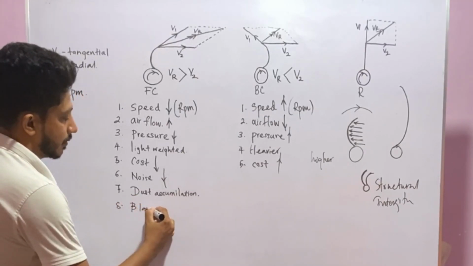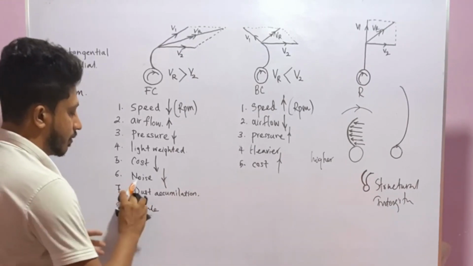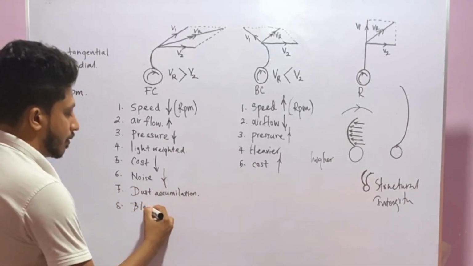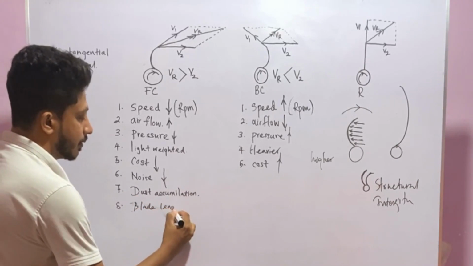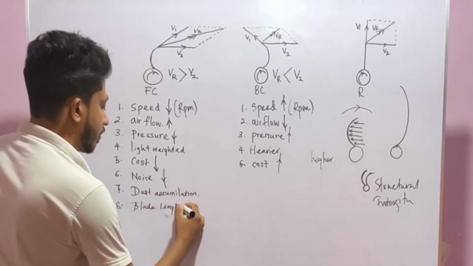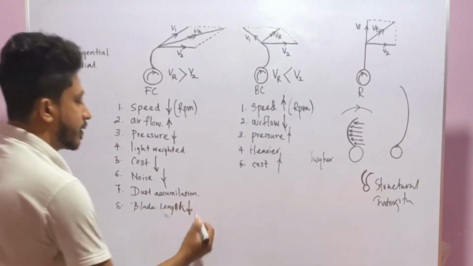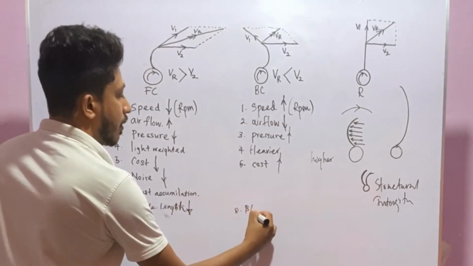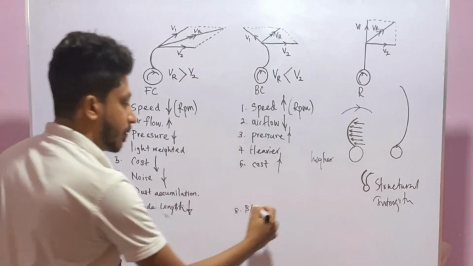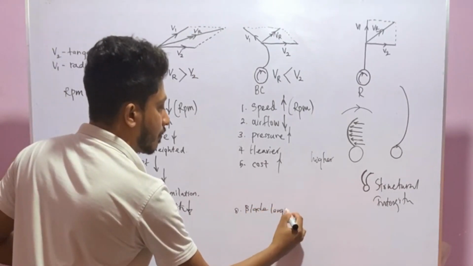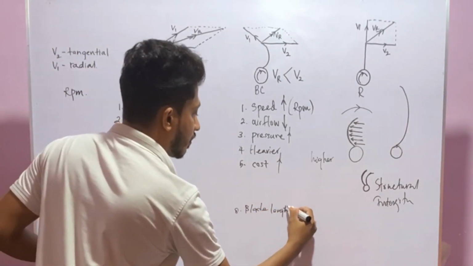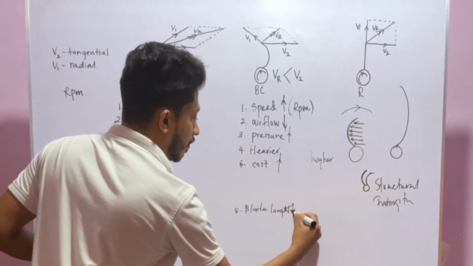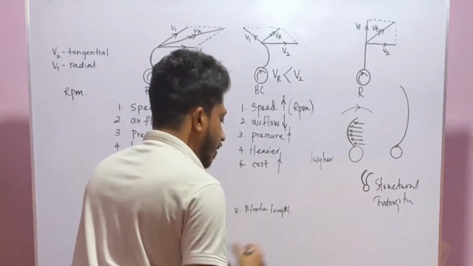Blade length is less compared to the backward curve fan. Here it is higher.